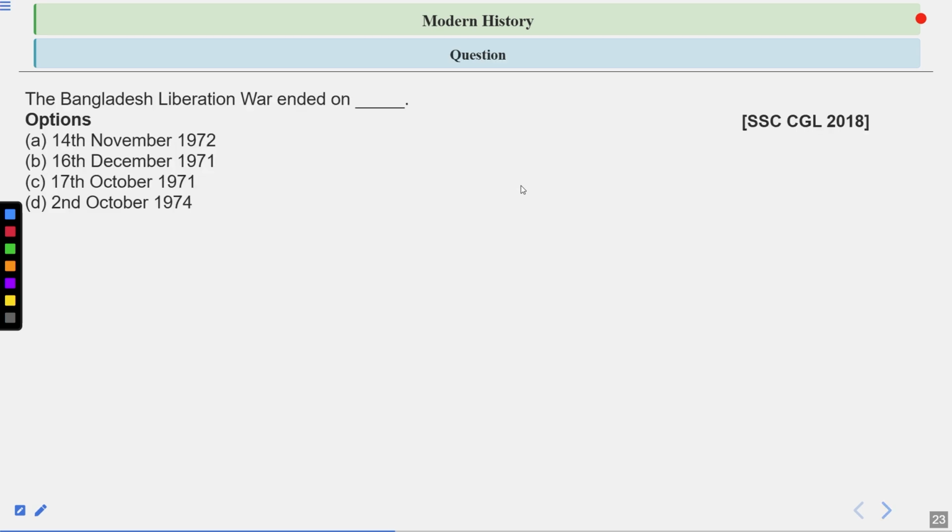Next question is, the Bangladesh Liberation War ended on, options are 14th November 1972, 16th December 1971, 17th October 1971, 2nd October 1974. To answer this, ten seconds are there. Time starts now.